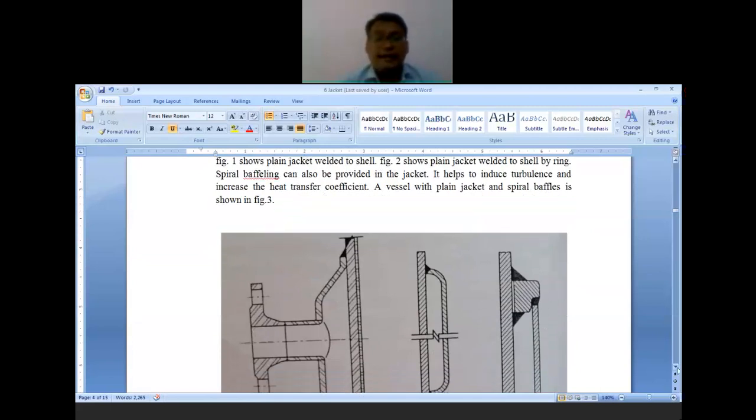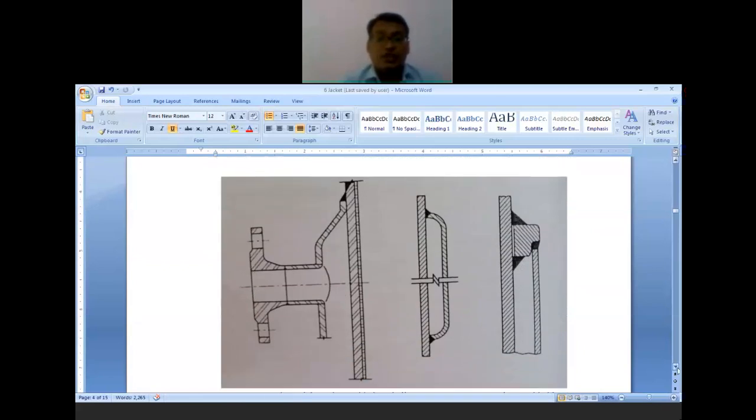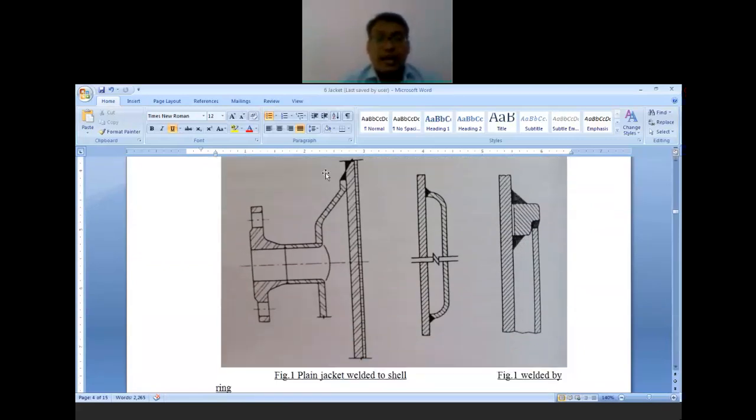Now this is again the plain jacket, an enlarged view that is shown. The plain jacket is welded, and to that the nozzles have been provided for the inlet and the outlet. This is the complete view that can be observed. The next is a ring that is provided.